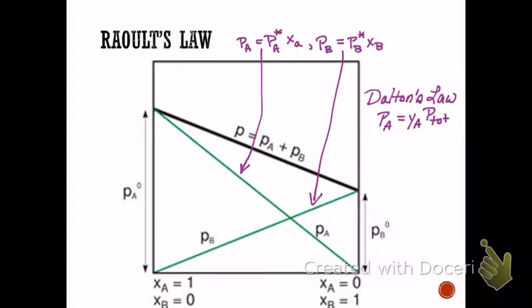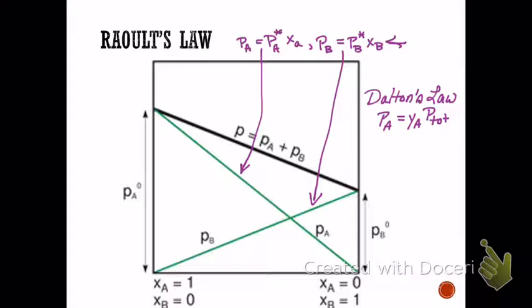Now, again, just as a reminder, while these expressions may look like the Dalton's law expressions, the mole fractions in the Raoult's law equations correspond to the mole fractions of the substance in solution, not in the gas phase.